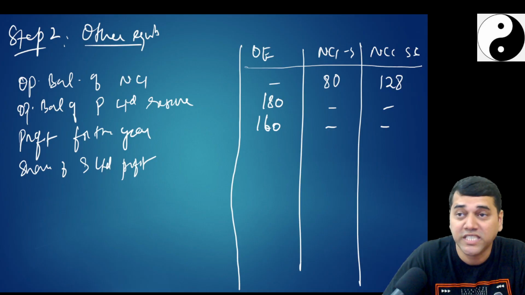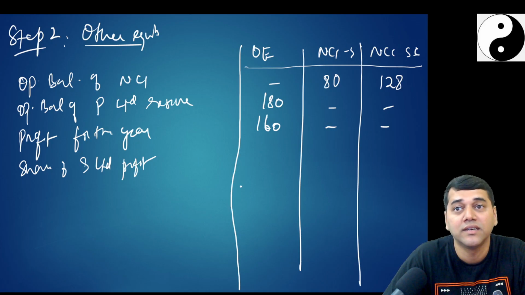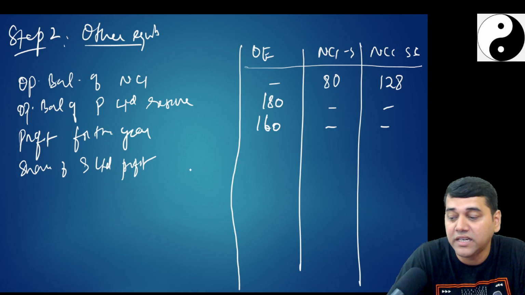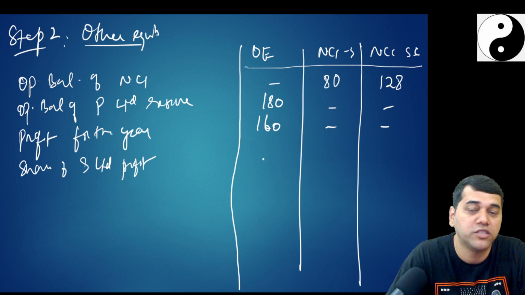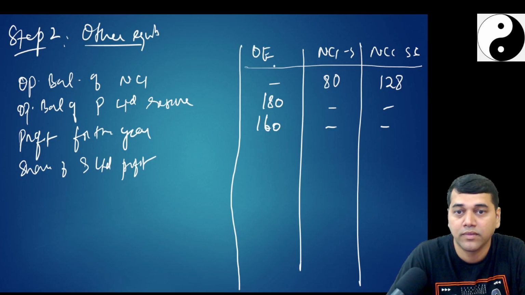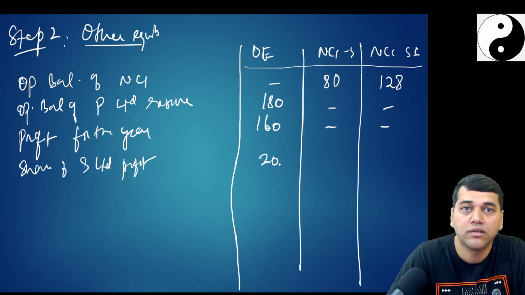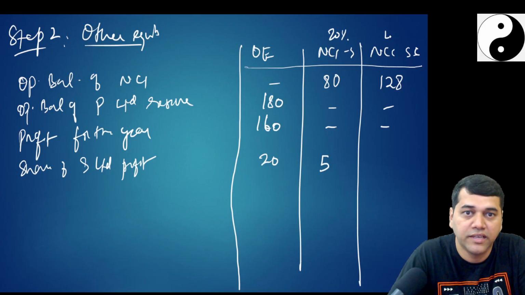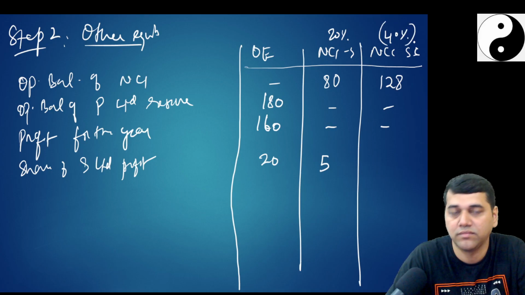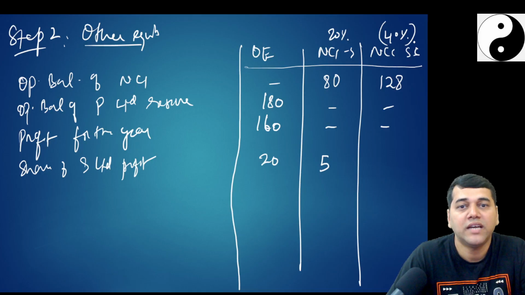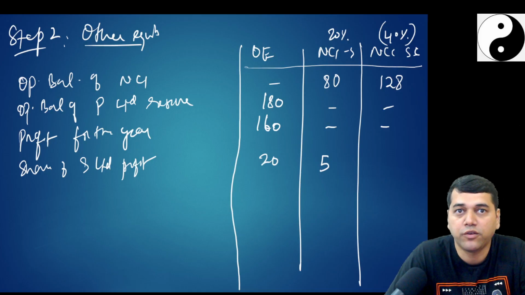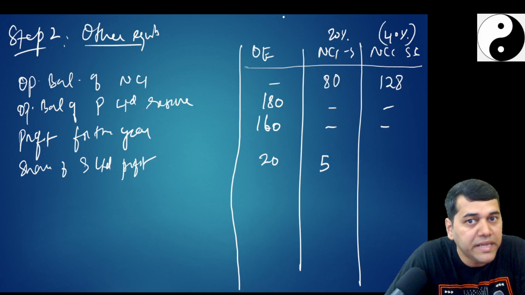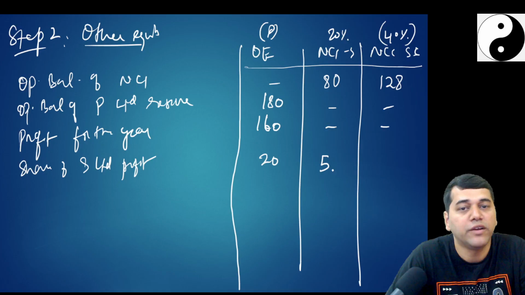Okay, how much is my share of S Limited? How much profit did S Limited earn post acquisition? 25. How much is P's share? 20. In S Limited, 5 is earned by the NCI of S Limited, which is 20%. So when S Limited earned a profit of 25, 80% will go to P, 20% to NCI.